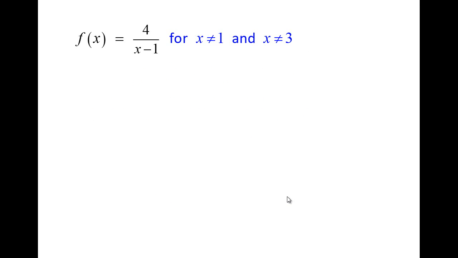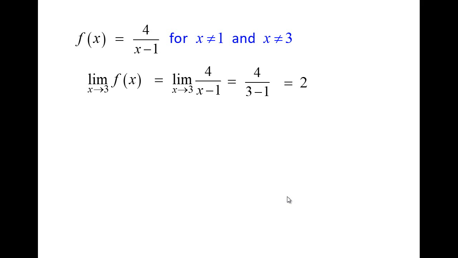So we got f of x to be this. Then if we look at the limit of f of x as x goes to 3, we see that the limit would be 2. And so the limit of f of x at 3 exists. It is not infinity or negative infinity.